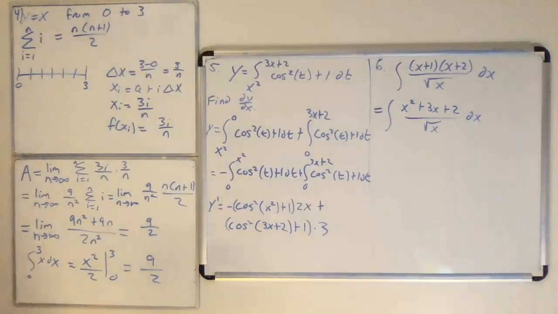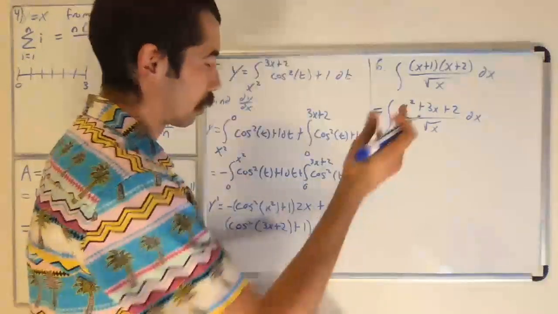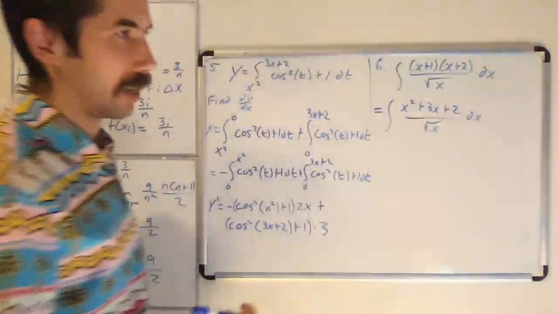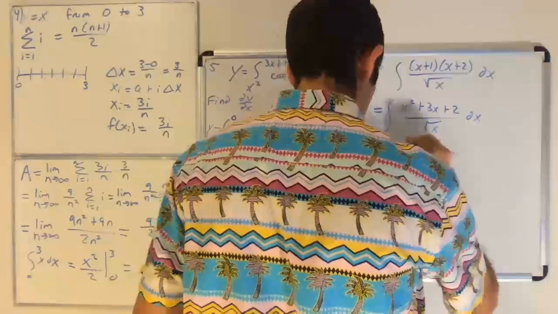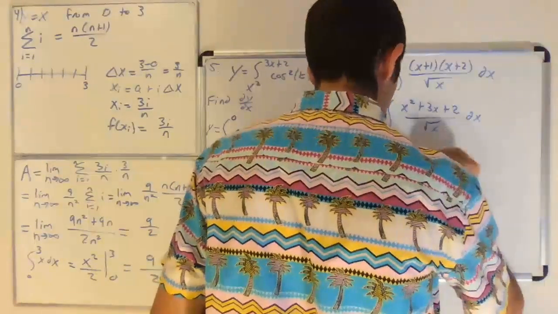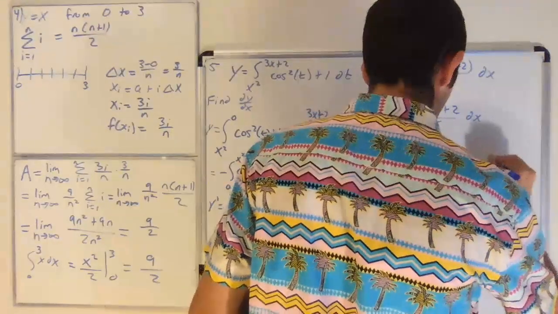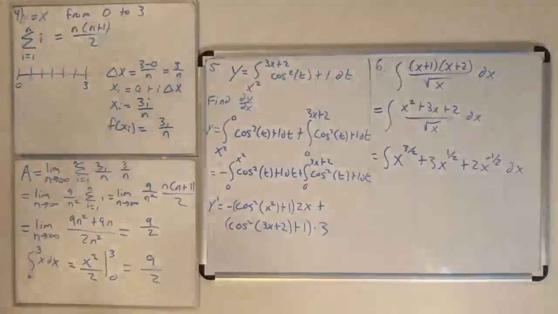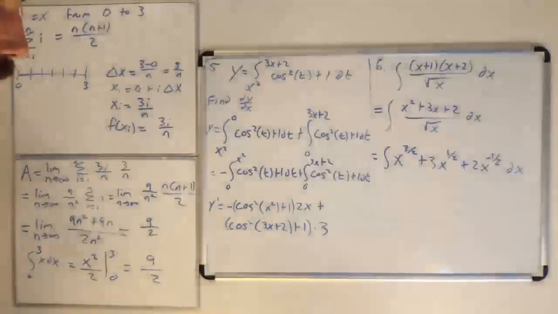Okay, so this is x squared plus 3x plus 2 over the square root of x, or the integral of that. X squared over the square root of x is x to the 3 halves plus 3x to the 1 half plus 2x to the negative 1 half. We can integrate each of these terms using the power rule.